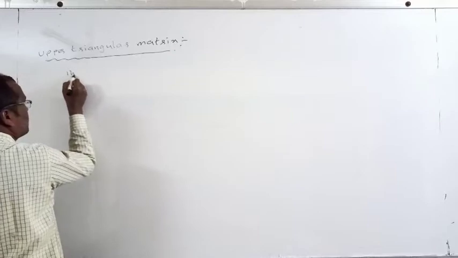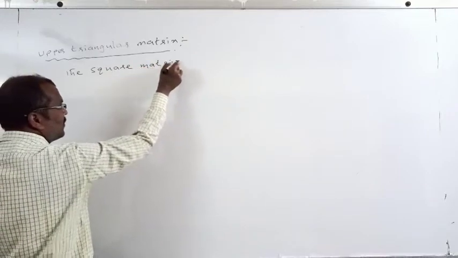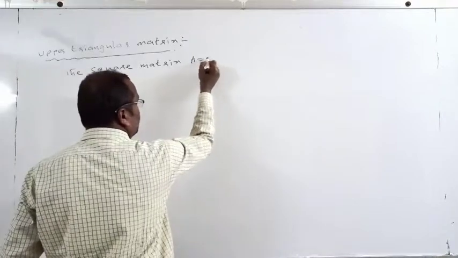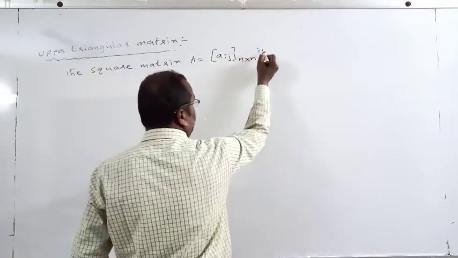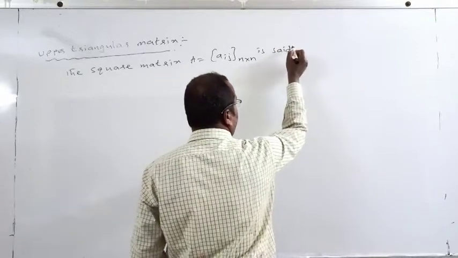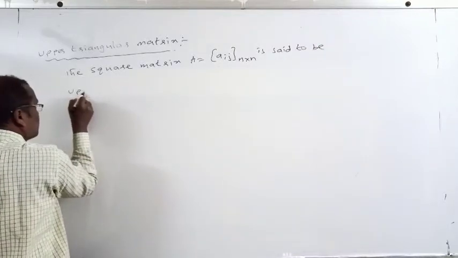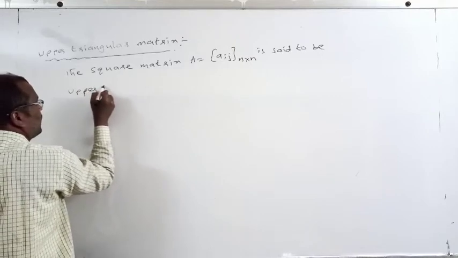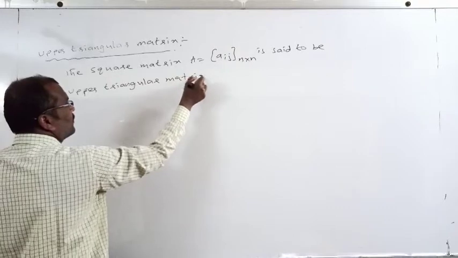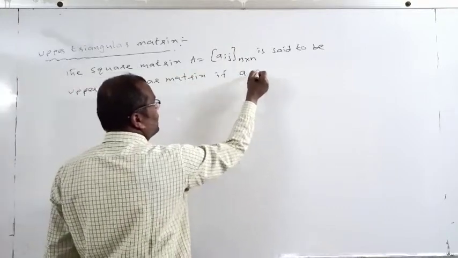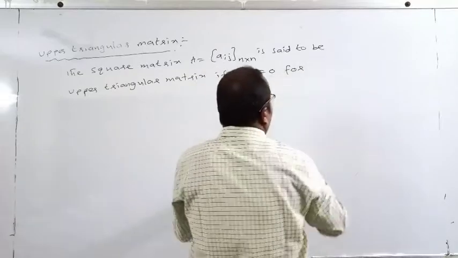A square matrix A equal to [aij] of order n cross n is said to be an upper triangular matrix if aij is equal to 0 for i greater than j.